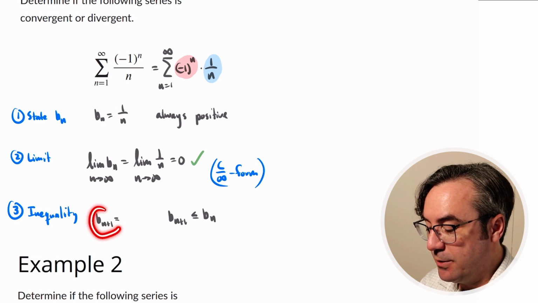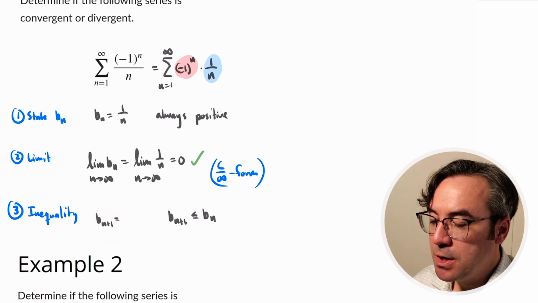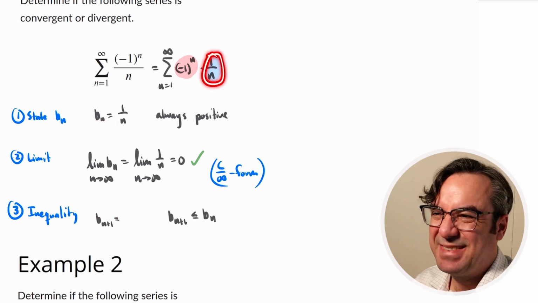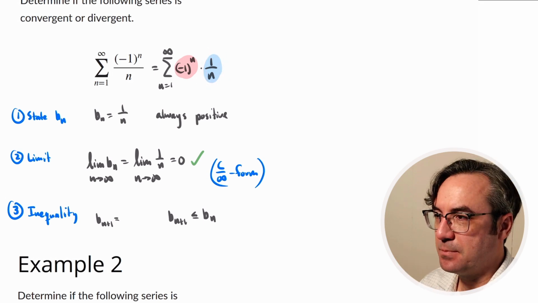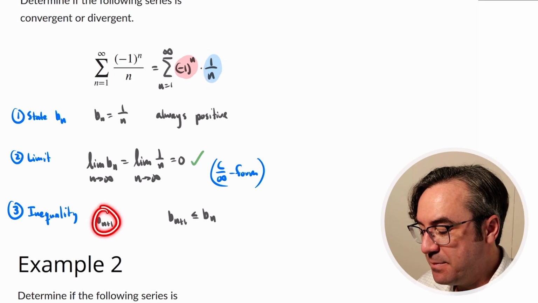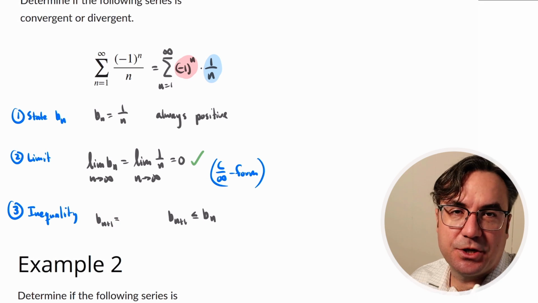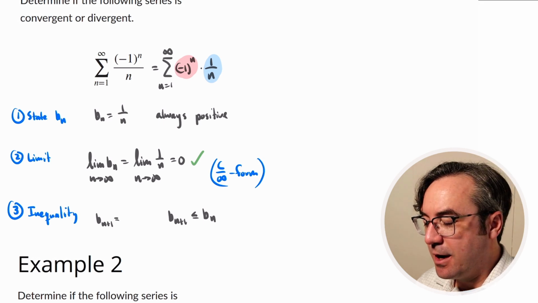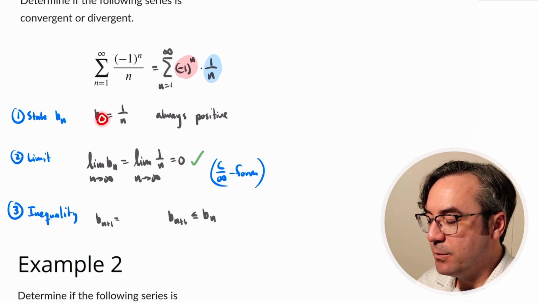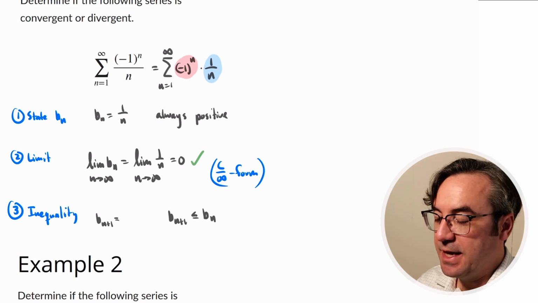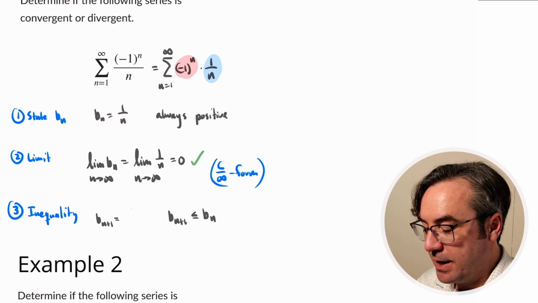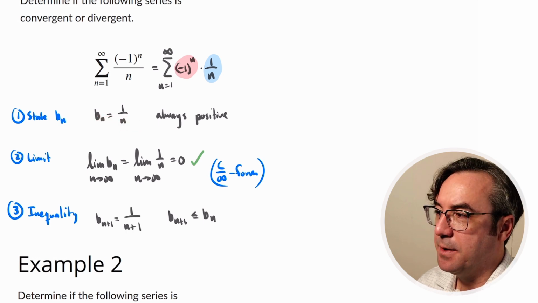The way to interpret this: we have Bn, the nth term, or the nth non-alternating piece in our list. Bn plus 1 is just the very next term. So we look at our Bn formula, and wherever we see an n, we replace that with n plus 1. So we're going to end up with 1 over n plus 1.